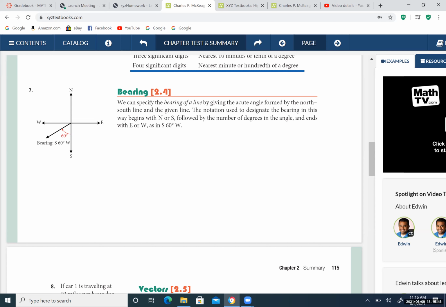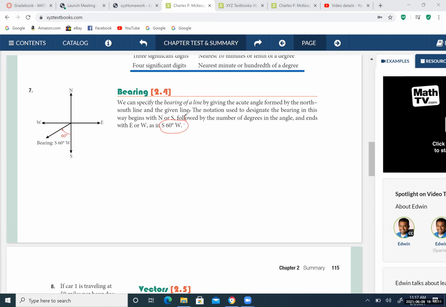Now they analyze this notation used for bearing. You begin with north or south, followed by the number of degrees, and end with east or west, as in south 60. So this is the solution.